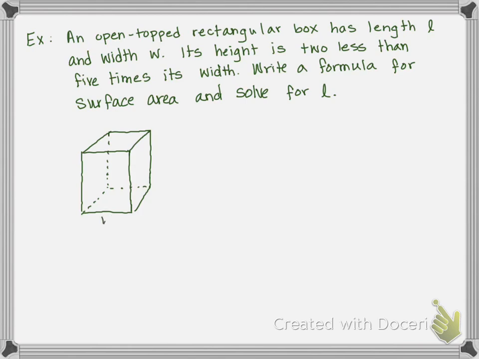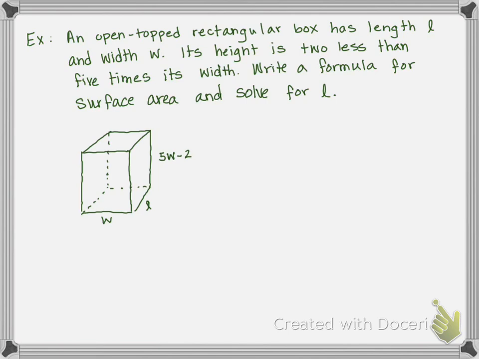So we've got our width, we've got our length, and then we have our height, which we can't label H because we have information about how to represent our height in terms of our width. So we don't get another variable here, because if we put an H there, then we wouldn't be reflecting that relationship. So the height is 2 less than 5 times the width. So 5 times the width is 5W. And 2 less than that I get by subtracting 2.